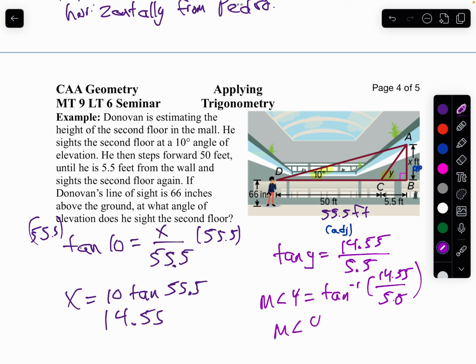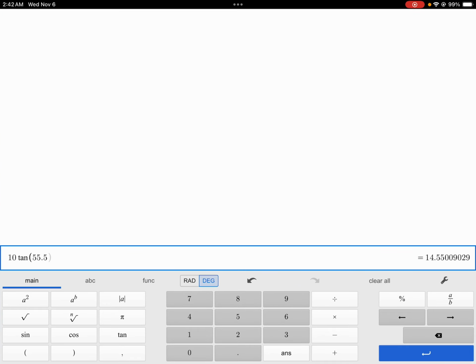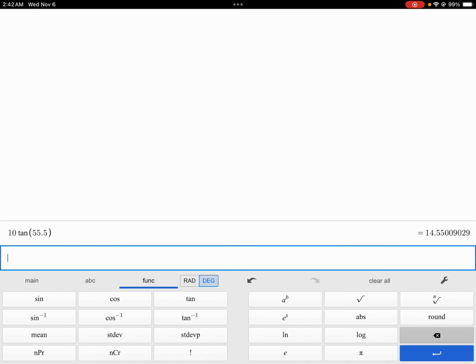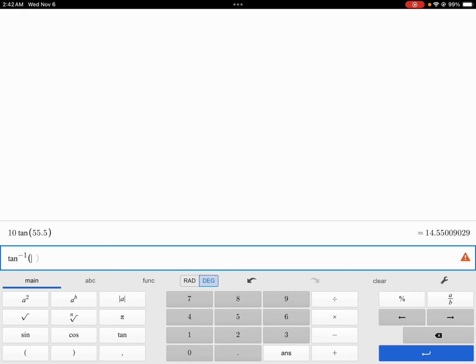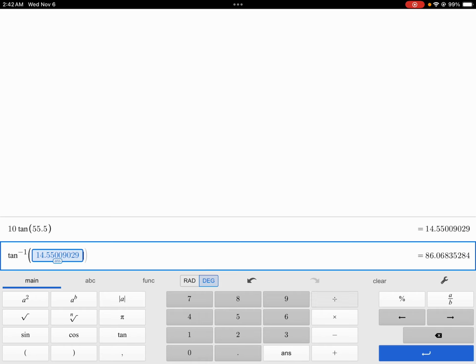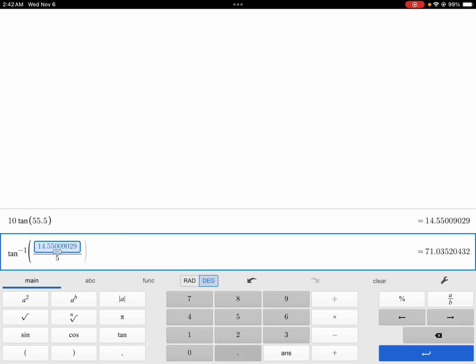I've got this in my calculator, so I'm just going to press answer, and I'll divide that by 5.5. And I get about 69 degrees.